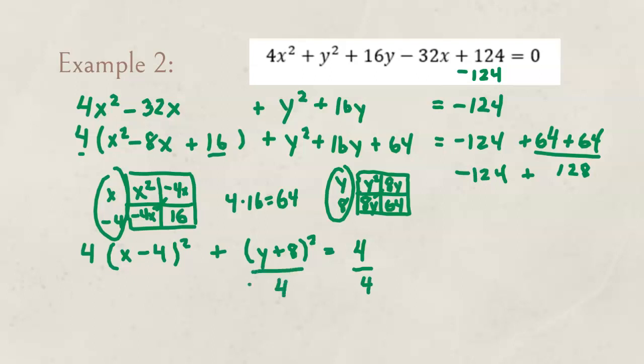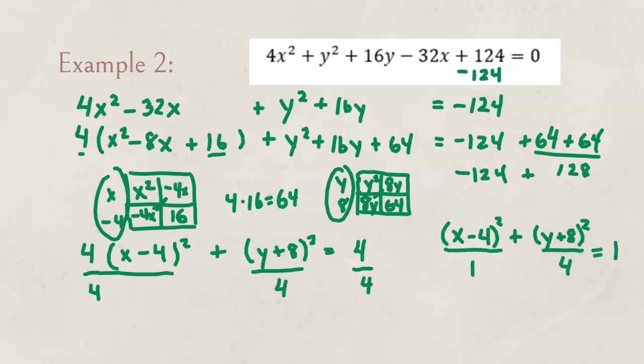I'm going to divide each term by 4 here. So my final equation is going to look like x minus 4 squared plus y plus 8 squared over 4 equals 1. And it might be a little easier to see our numbers if we put a 1 under this one. The center of our ellipse is going to be 4 comma negative 8, and the two radii are going to be 2 and 1.